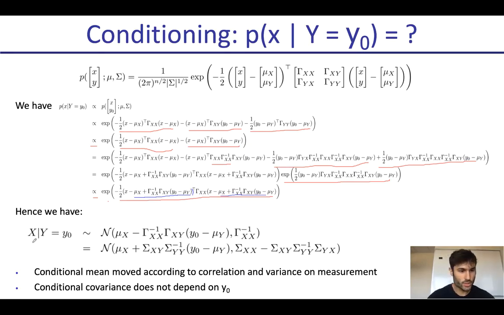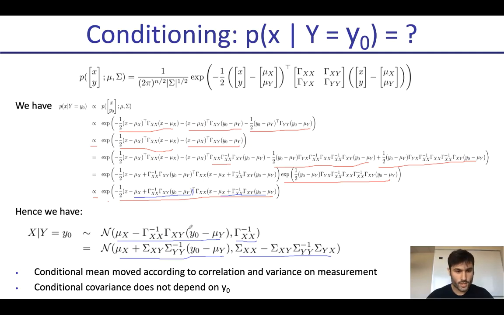So what we're saying is that x conditioned on y equals y0 follows a Gaussian distribution that has this mean, and it has covariance equal to the inverse of the precision matrix. Now we can write it all in terms of covariances. This is the resulting Gaussian variable.